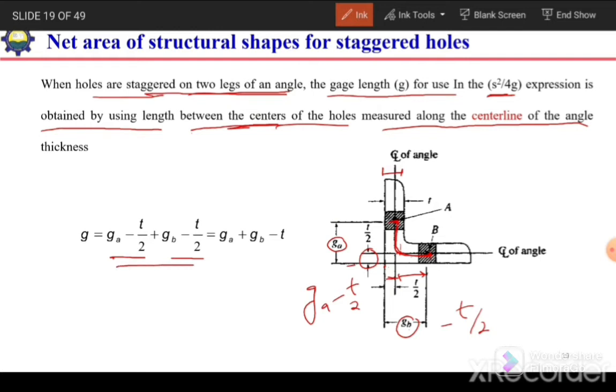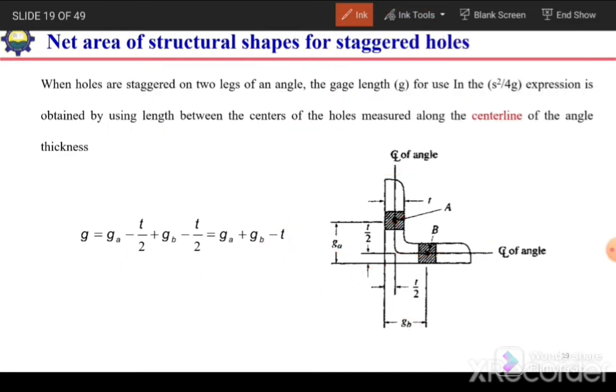Adding these two values gives GA plus GB, the gauge lengths for the two holes, minus the thickness of the leg. In an angle section we have the same thickness for both legs, so we subtract T from GA plus GB.